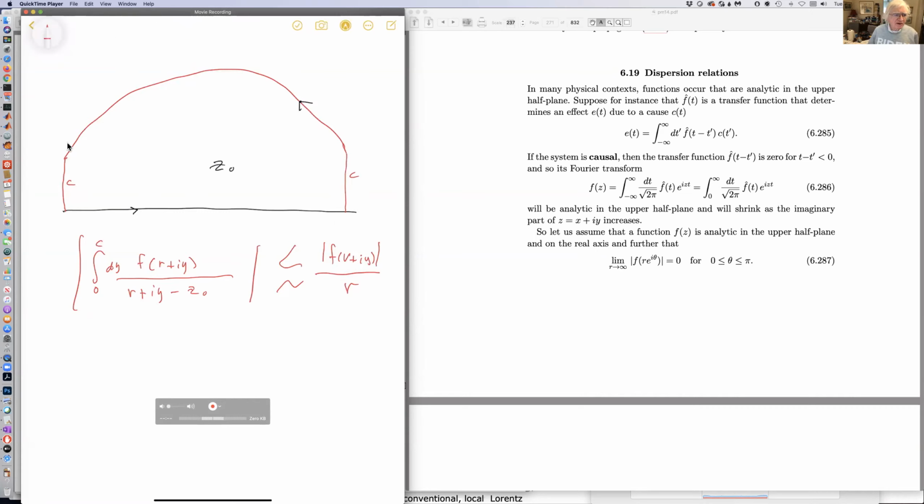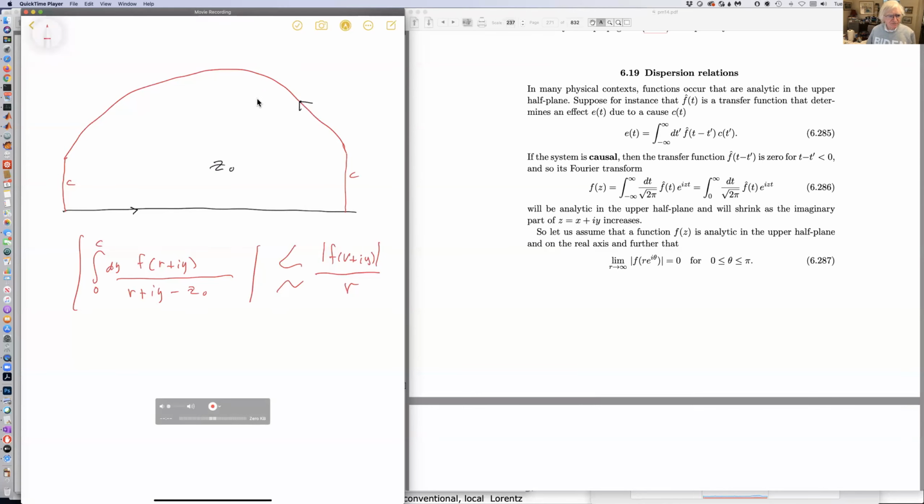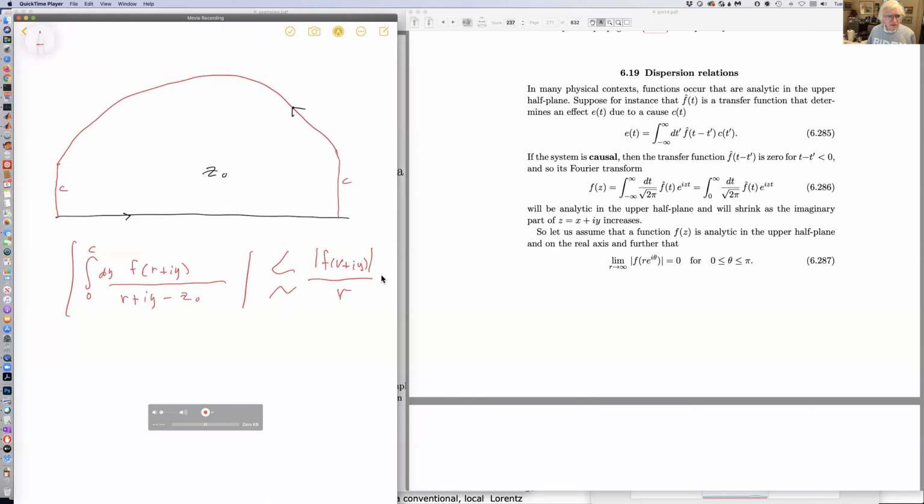And then when we go around the North Pole, we take advantage of the fact that we imagine that this goes to 0 exponentially as the imaginary part of y increases. One can essentially use this criterion here. But as I said, this criterion works if we just do a simple great circle, in other words, a circle that goes like that.